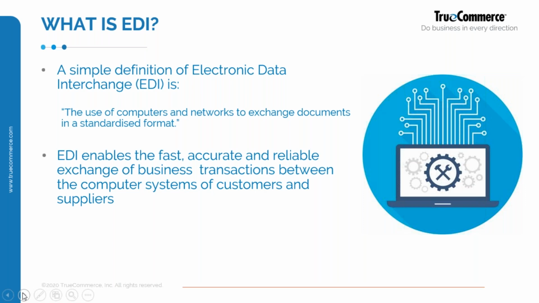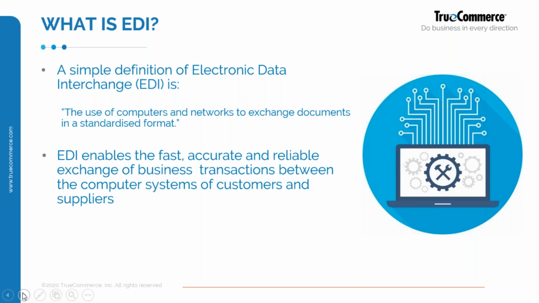And so any business document that you can exchange today using email, letters, paper, anything you want to do in terms of exchanging documents can be done in an electronic format. And it's how you go about doing that EDI really surrounds. So EDI enables the fast, accurate, and reliable exchange of business transactions between computer systems of customers and suppliers.